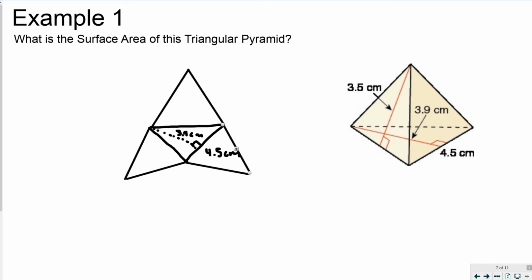Okay, what I am then going to do is note that each one of these lateral faces has a height going up and down like this of 3.5 centimeters.